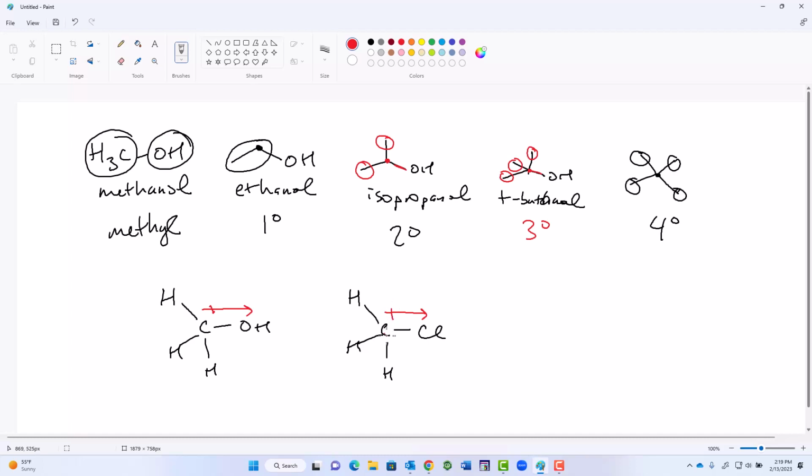So because we have this molecular dipole, this means that we have strong intermolecular forces. And that's going to affect the physical properties of alcohols and alkyl halides quite a bit. And we'll see that the more alcohol or halide substituents we have on the carbon center, the stronger the effects of these IMFs are going to be.